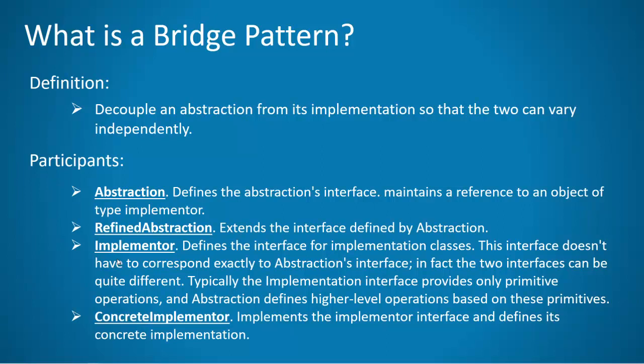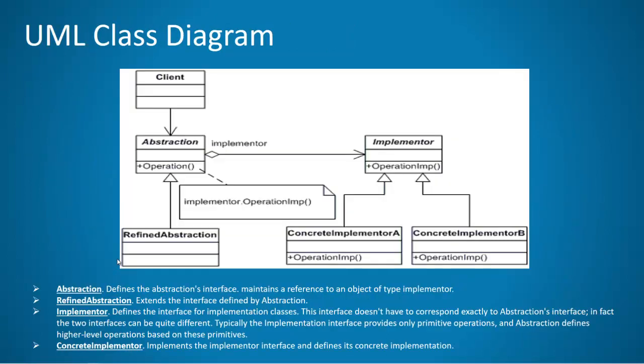So let's have a few images to illustrate these participants. We have this UML class diagram. As defined, the abstraction, as you can see in the diagram, is an interface.